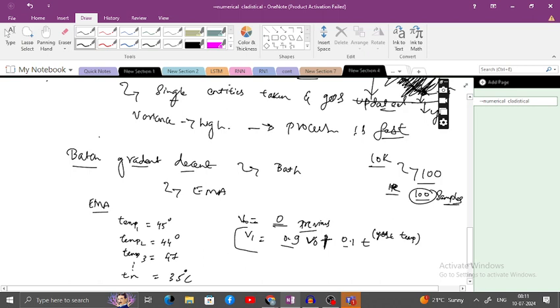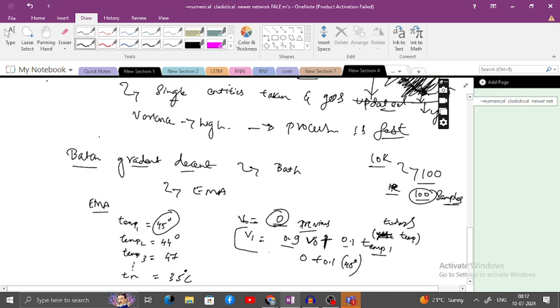And 0.1 into today's temperature; this is yesterday's temperature. 0.1 into temp 1. Now what is the temperature? 45. Yesterday how much? Yesterday it is 0. This term becomes 0 plus 0.1 into 45.